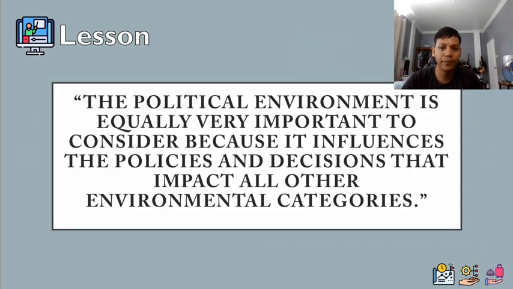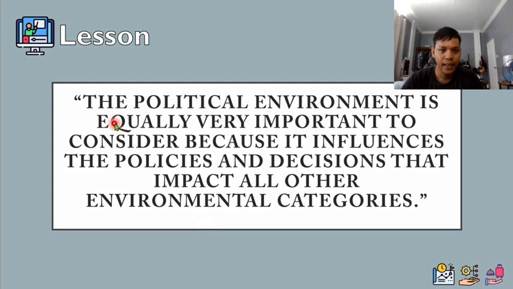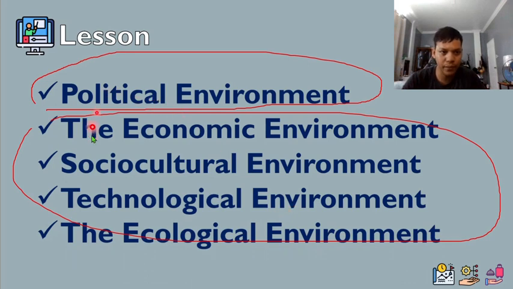And as a matter of fact, this is an important quote that we need to be reminded of. The political environment is equally very important to consider because it influences the policies and decisions that impact all other environmental categories. As we have mentioned a while ago, there are five macro environments. We have the political environment, the economic environment, the socio-cultural environment, the technological environment, and the ecological environment.